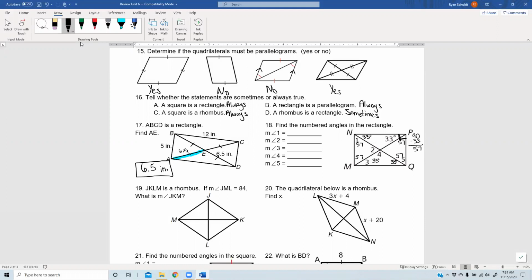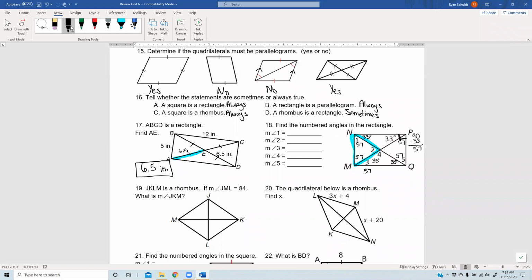Okay, let's find angle 2 now. So for angle 2, focus on the fact that we have a triangle right here that I know 2 angles on. How can I get the third? Well, add them up.